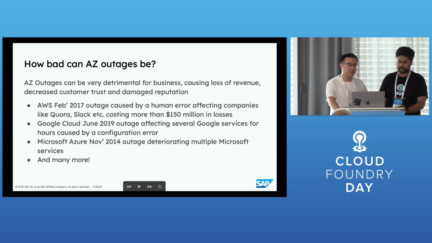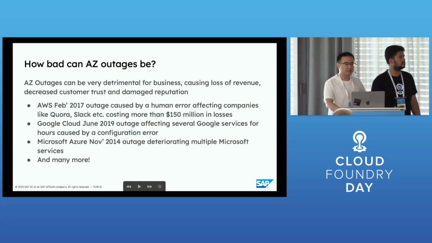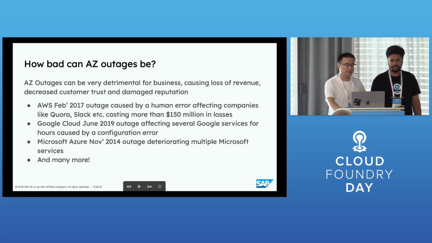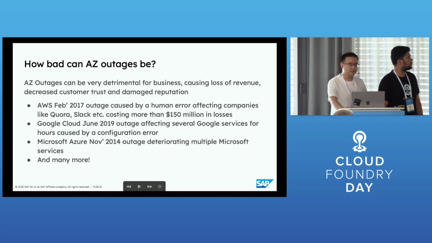How bad can an AZ outage be? AZ outages can be very detrimental for business, causing loss of revenue, decreased customer trust, and damage to reputation. Here are some examples that we found in a search engine. The first one is the AZ outage from AWS, which happened in 2017.